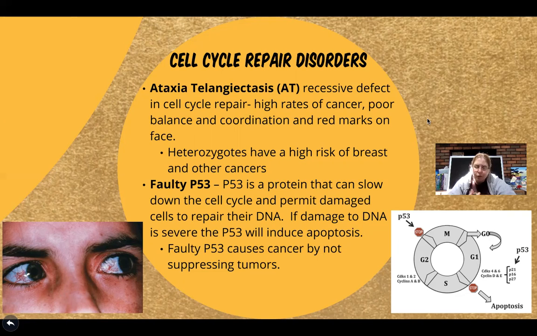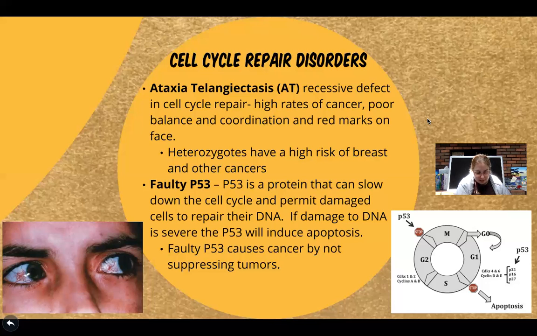Well, what happens with cancer is that the cells don't stop to check themselves. So this is a particular disorder where maybe it's not that the cell can't check itself, but it can't fix itself.